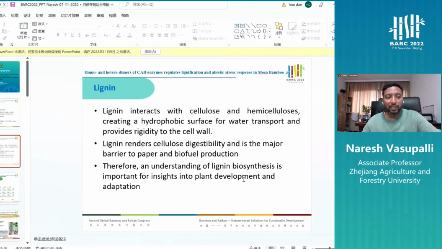Due to the rigidity, lignin also plays a crucial role in plant defense. Further, lignin renders cellulose less digestible and is the major barrier to paper and biofuel production. Therefore, an understanding of lignin biosynthesis is important for plant development and adaptation.